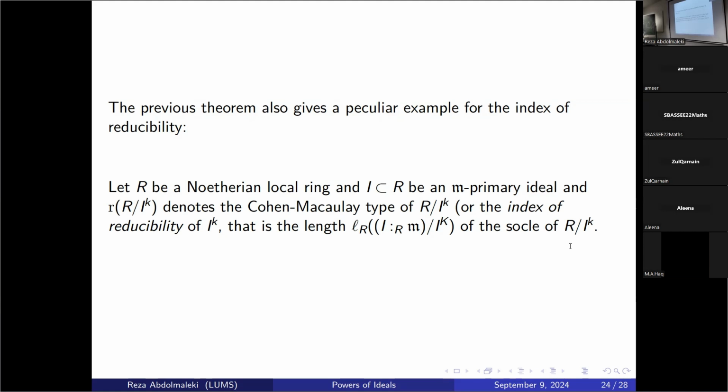There is an important invariant in commutative algebra called Cohen-Macaulay type, of a ring or an R-module. It is important for several reasons.